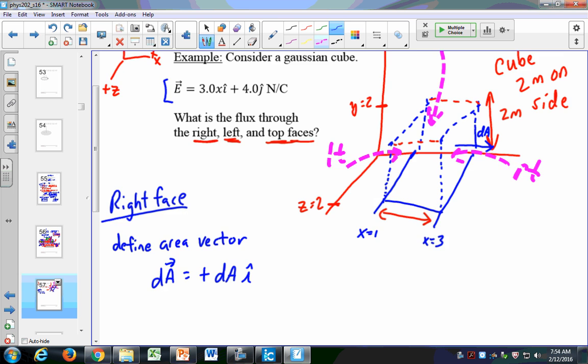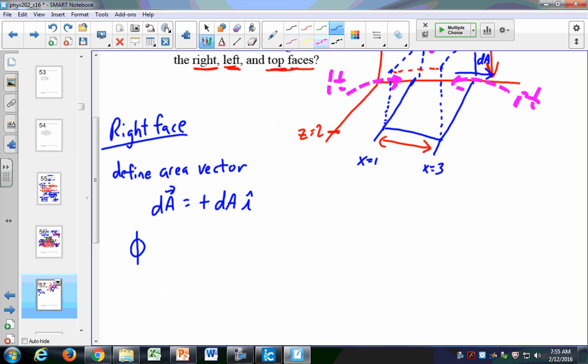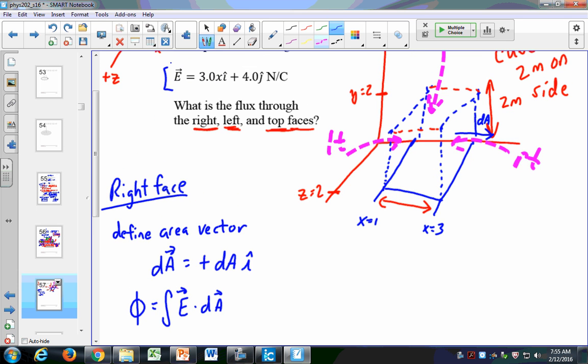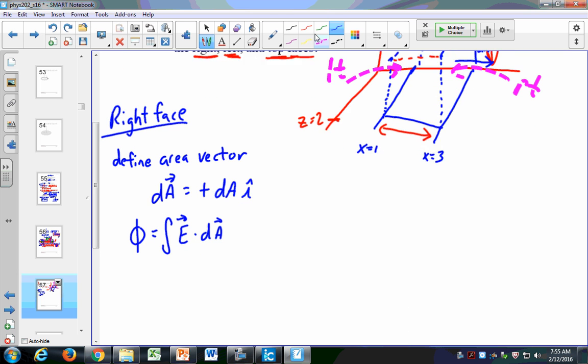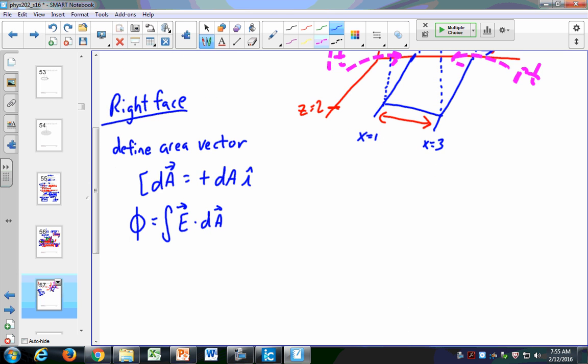Now I want to write out my expression for the flux. My flux is equal to the integral of E dot dA. I know what E is. E is given up here in vector notation, and dA I just defined as being perpendicular to the surface and away from the surface. And that's going to be the integral of (3x i plus 4 j) dotted with dA, which is in the i direction.